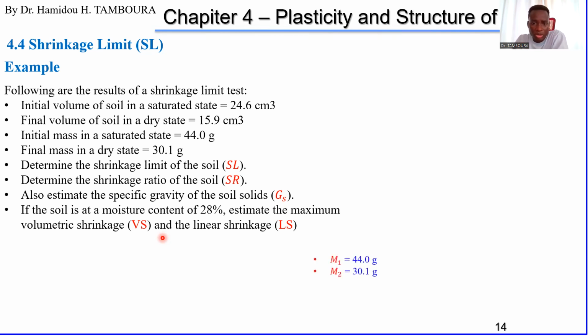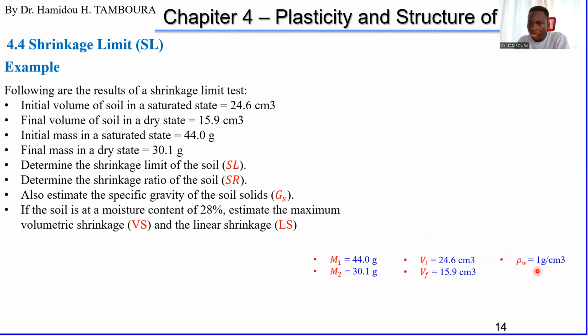Maybe we'll do just one. Let's put the given data here. M1, initial mass, is 44. M2 is 30.1. V1 is 24.6. VF is 15.9.